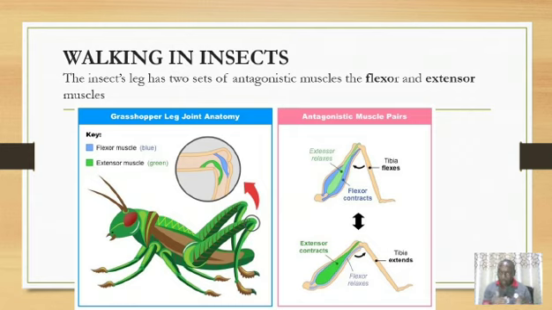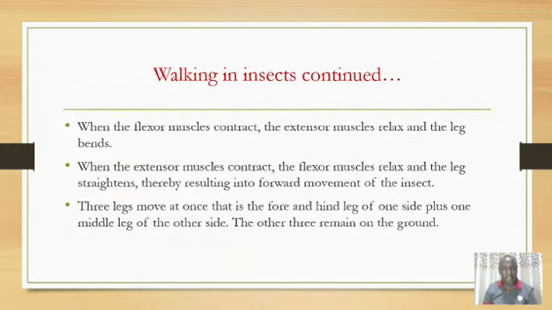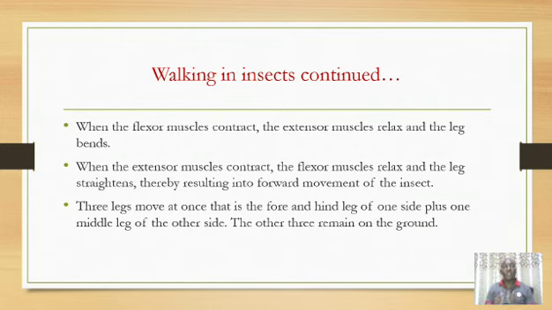On one side of the insect, the first leg or the foreleg and the hind leg, those 2 are moved together with the middle leg on the other side, while the other 3 are simply still on the ground. In other words, 3 legs move at once. The fore and the hind leg on one side, plus the middle leg on the other side. So that is about walking in insects.